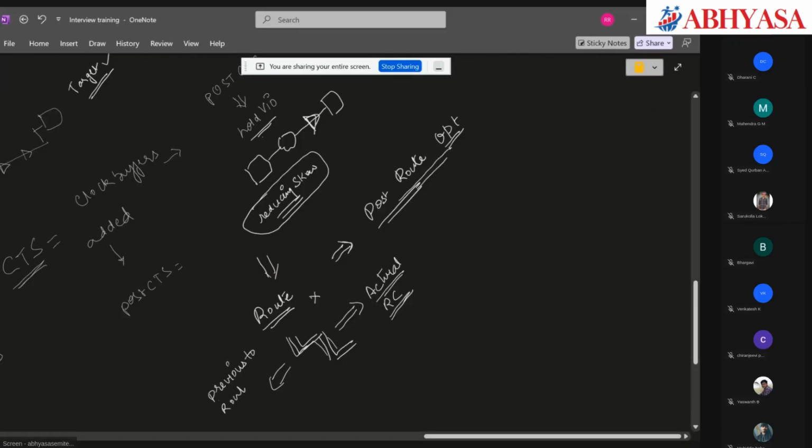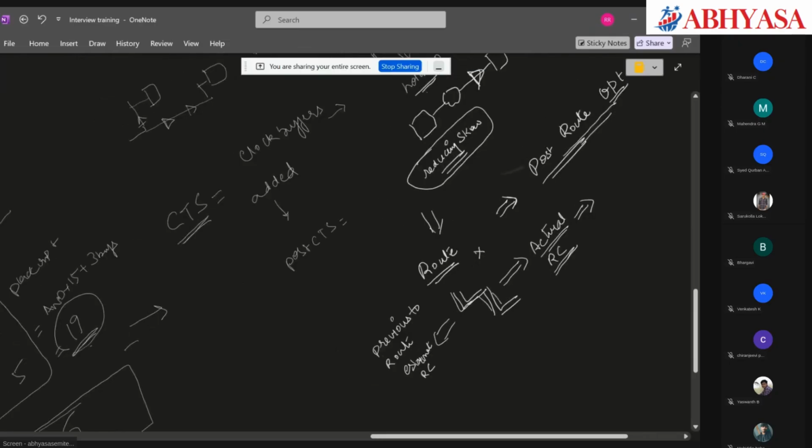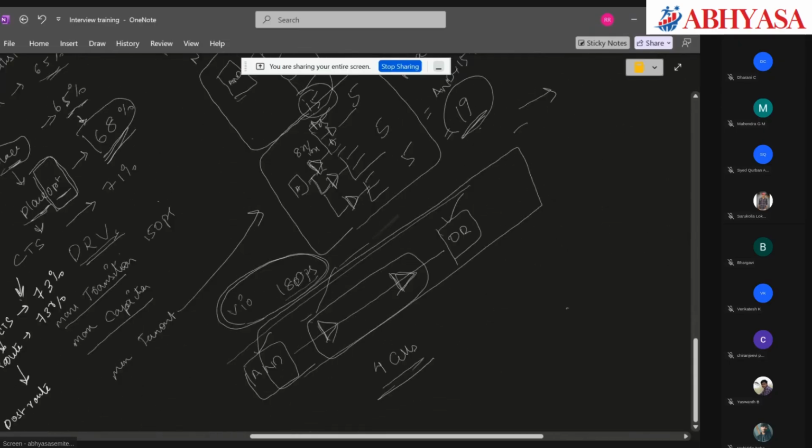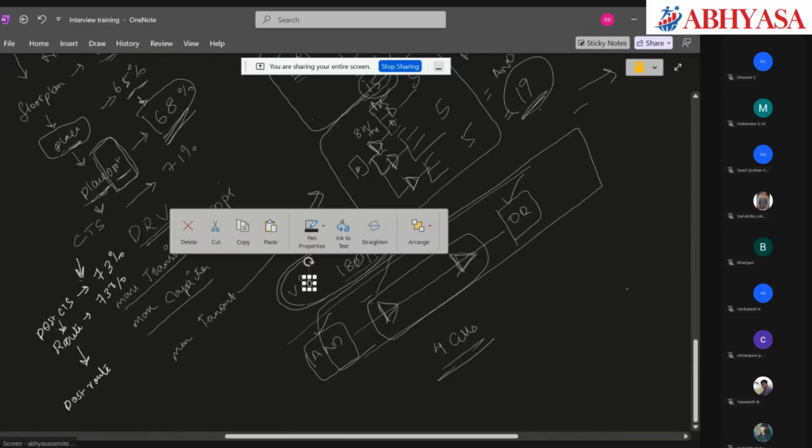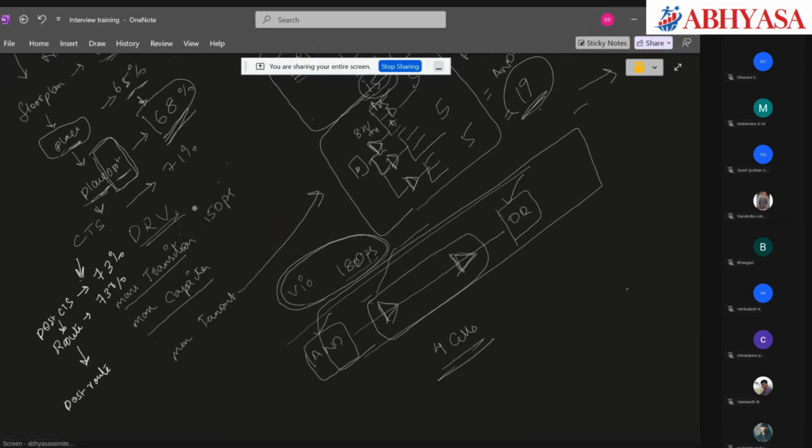Previous to route, it is estimated RC, and after route, I will have actual RC. Depending on actual RC, I will again fix tran, cap, and fanout.